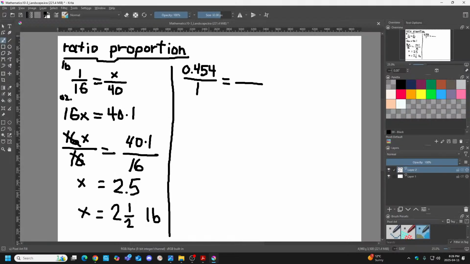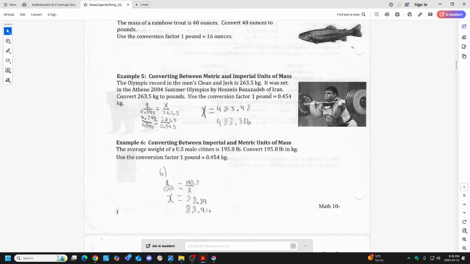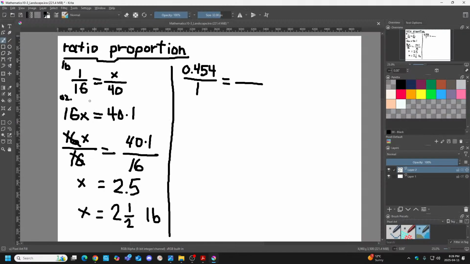Okay, so here we go. 263.5 kilograms to pounds. Of course, you're going to have your piece of paper beside you. You're not going to be like me switching back and forth. It's the kilograms. I'm being silly. We're not working in ounces anymore. I'm going to keep consistent, so I have pounds on top. This is going to be kg.